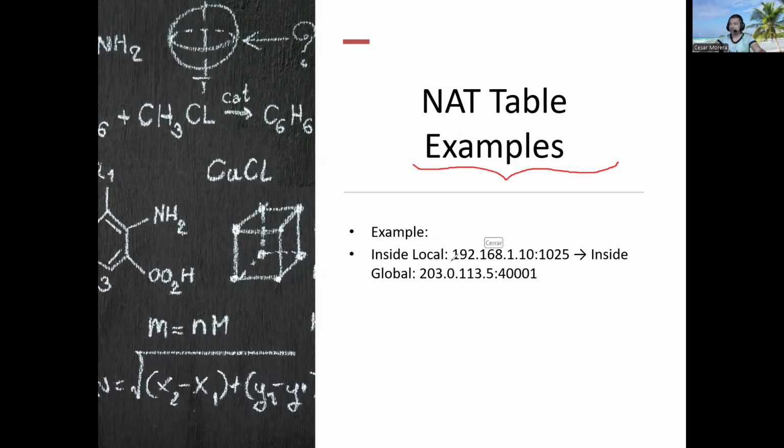Okay, so this is a private IP address with a specific port, and this is a public IP address with another port. The first one is an inside local, and the other one is an inside global. So there you have it. We have the inside local and the inside global. That's what we have there.